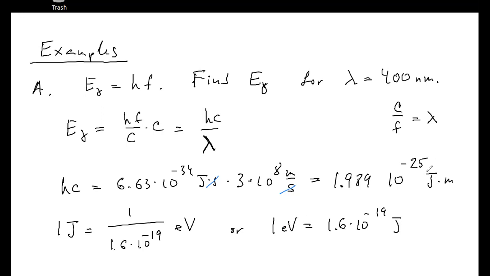The energy in joules, if you can help me and divide by 1.6 times 10 to minus 19. 10 to negative 25 and 10 to negative 19 should give me 10 to negative 6. Yes, I got 1.243 times 10 to negative 6 electron volts multiplied by meter.